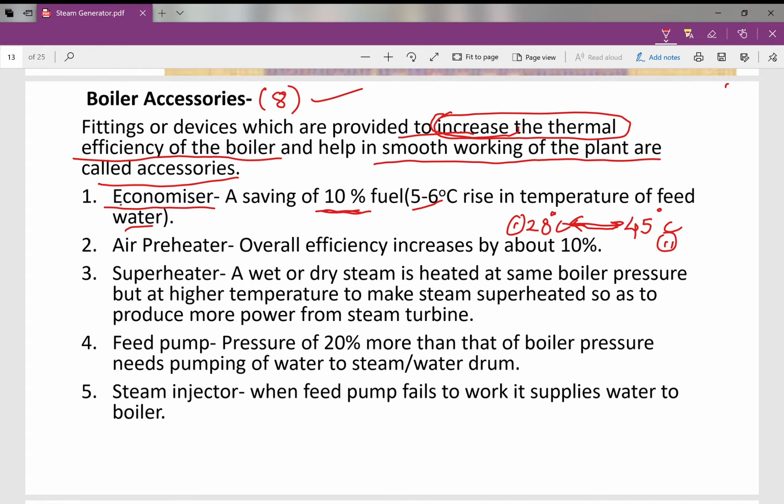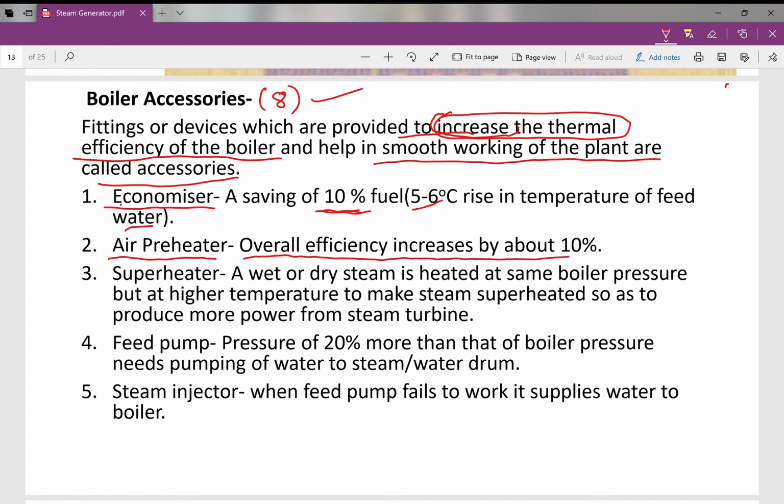Now come to the next one, the air preheater. Again two cases: supply normal atmospheric temperature air, and second, supply hot air to the boiler. So it is obvious that while supplying hot air to the boiler, there could be quick burning of fuel and there could be saving of fuel as well.